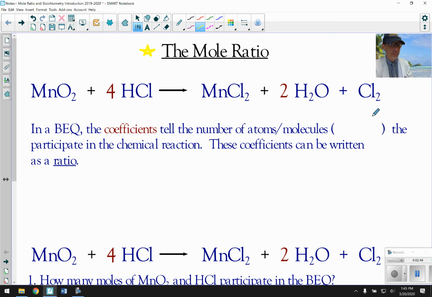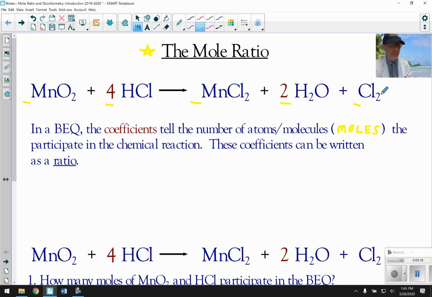So let's go back to the chemical reactions chapter, where we learned that in the balanced equation, that's what BEQ stands for, these coefficients, and there's a 1 and a 1 and a 1, these coefficients tell you the numbers of atoms or molecules, or we also said the number of moles of each participant.